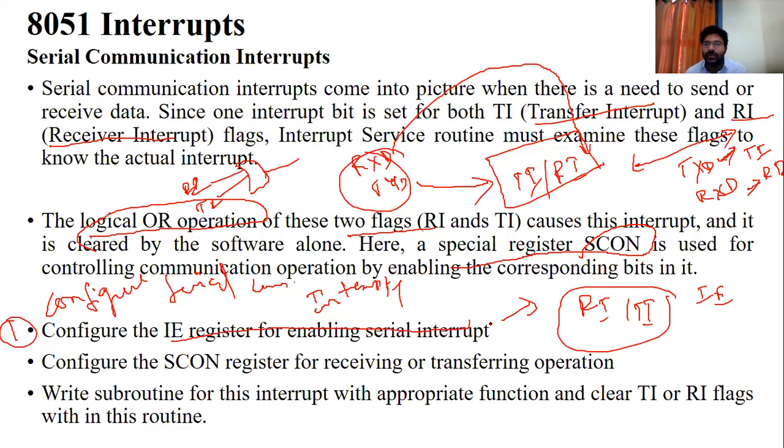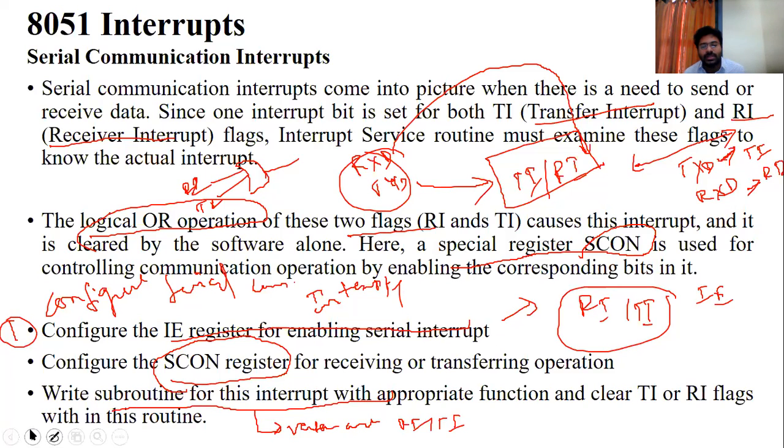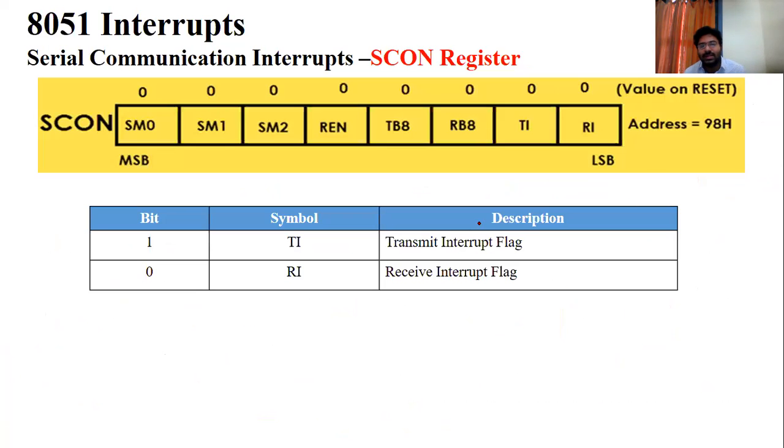After that, you can configure the SCON register, the serial control register. Then you can write the subroutine for this interrupt. Subroutine here means vector addresses. RI and TI is also one vector address, and the microcontroller jumps to that location and executes it.